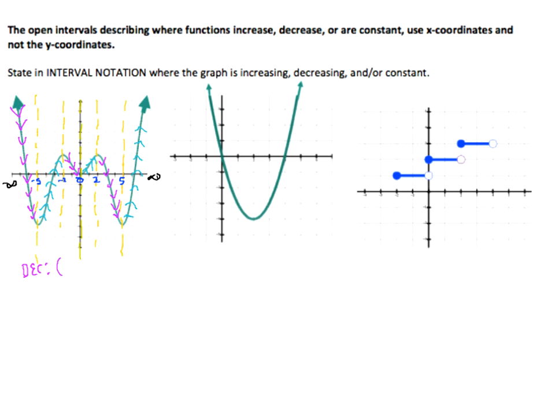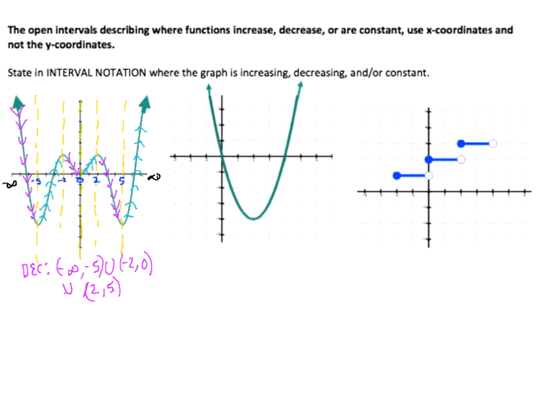Remember, I'm about to state through the domain the X values that this is occurring over. I am decreasing from negative infinity to -5, or I'm decreasing from -2 to 0, or I'm decreasing from 2, sorry, that's a parenthesis, 2 to 5.